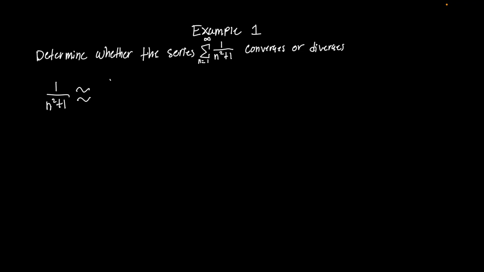Well, to me, this basically looks like 1 over n squared, right? So we know that 1 over n squared plus 1 looks really similar to 1 over n squared. So the reason we use the direct comparison test is because we can compare these with a really easy inequality.